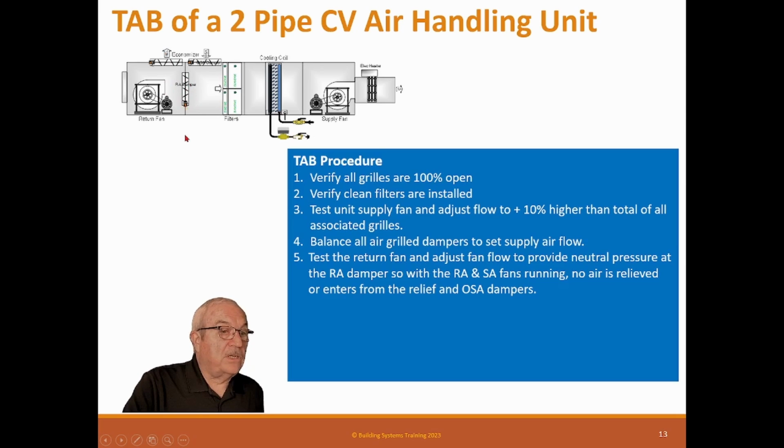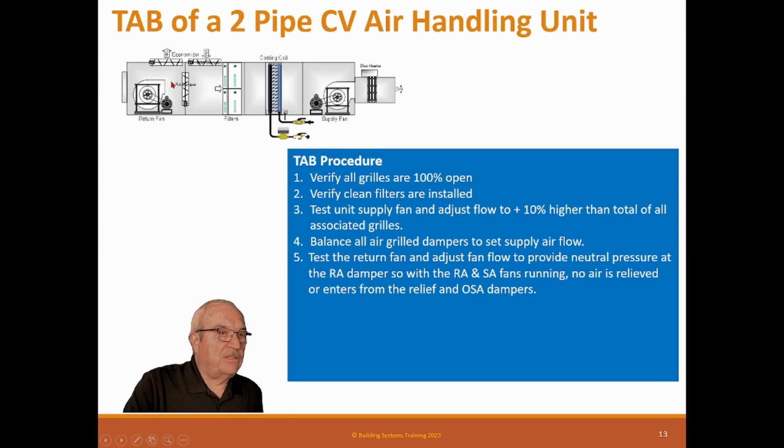And I've actually controlled these designs before by putting a pressure sensor across this damper and having it controlled to 0. So this is kind of the process for balancing that. So this is normal operation. In normal operation, this fan should be lower than this fan by the amount of outside air we need, which would guarantee this be a negative pressure.